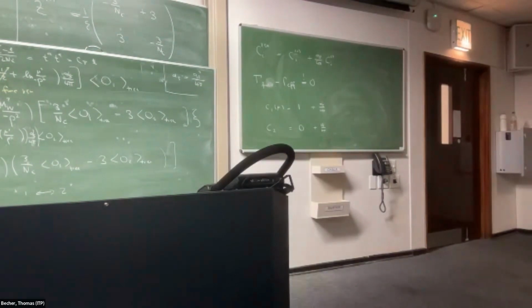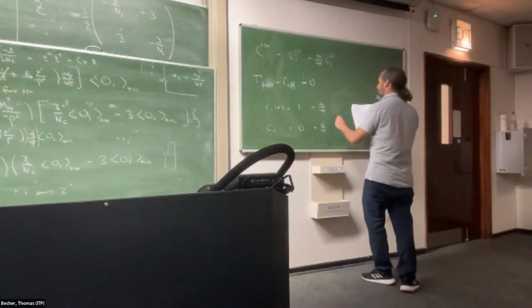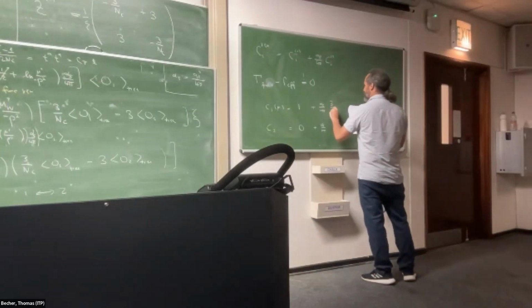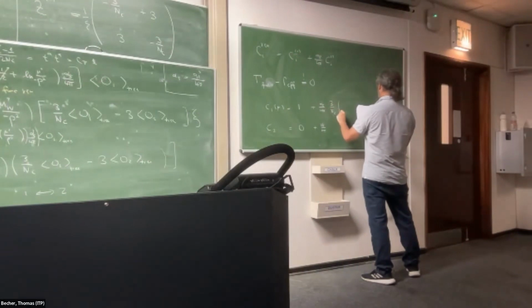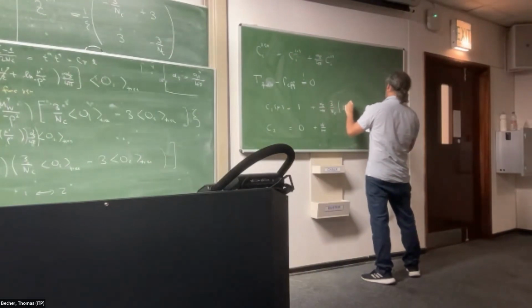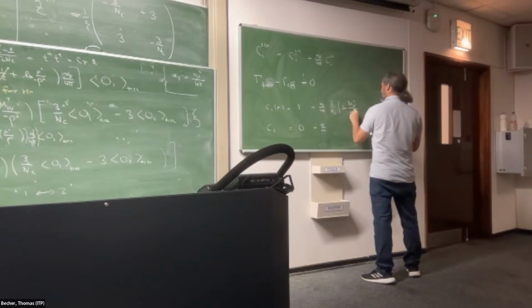When we take the difference, this p squared here drops out, and the log mu squared over mw squared remains. So 3 over nc, and then log mw squared over mu squared.